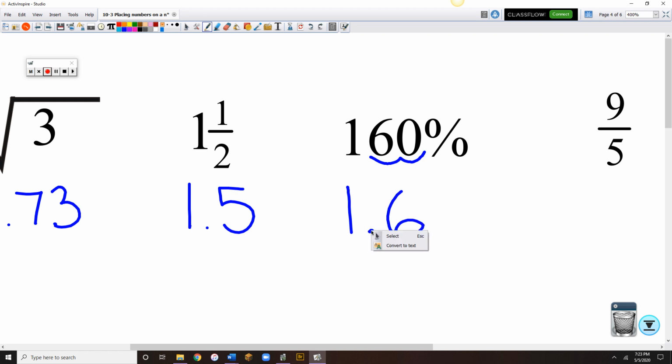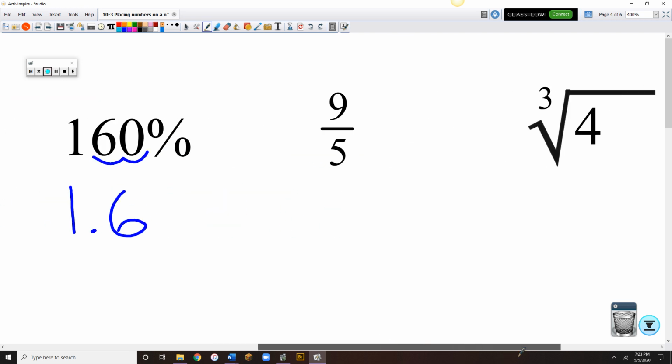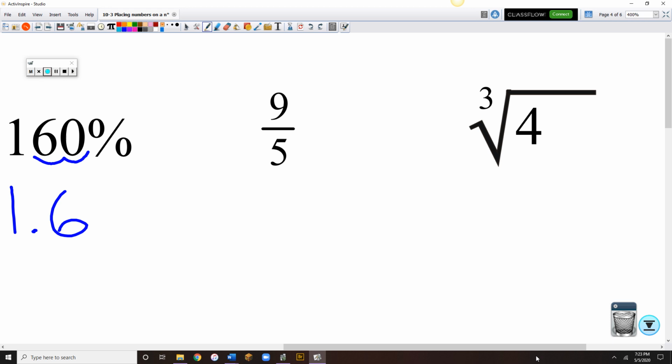You might put the 0 after that, it's fine if you do. 9/5, remember, is 9 divided by 5 in your calculator, and it comes out 1.8. And cube root of 4 is a calculator thing. Don't forget, you type 3 second caret 4, and we get 1.59.